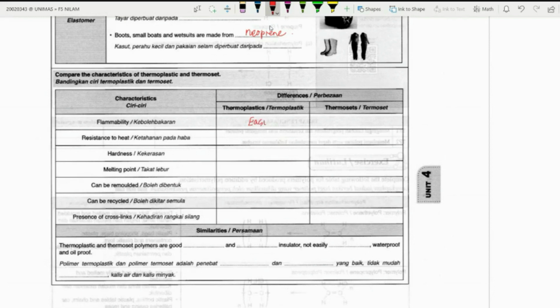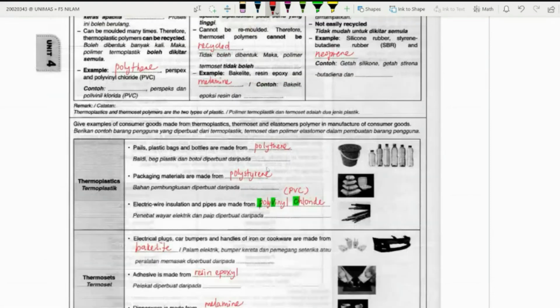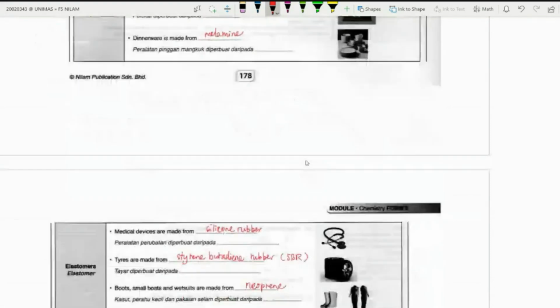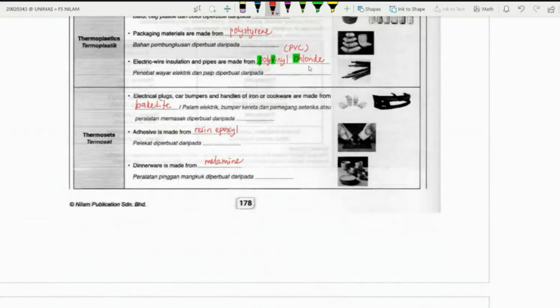Thermoset is difficult, but it still can be burned. It is a bit harder to burn, but thermoplastic is easier.